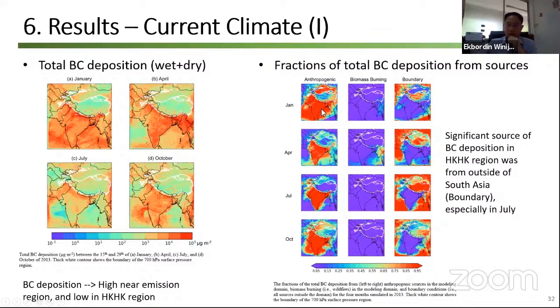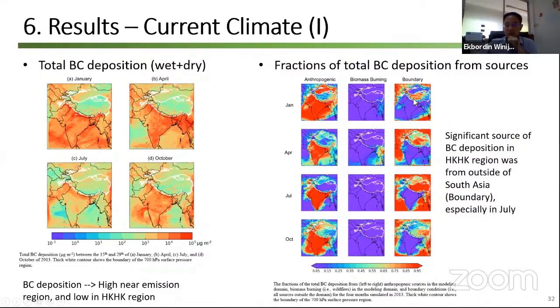So anything from India or anything in this box, how it impacts the HK area. The second one is biomass burning or forest fire from natural sources, how much it impacts this HK area. And the third one is outside of this boundary, how much emission from countries outside of the study area impacts the BC deposition in this area.